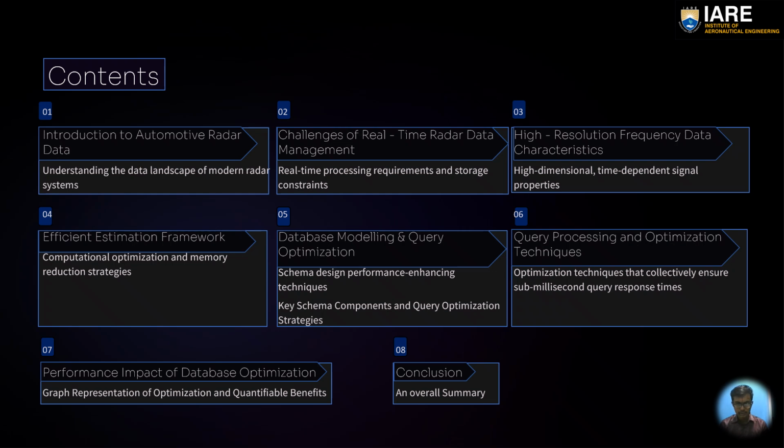Next, I'll be explaining the challenges of real-time radar data management, the real-time processing requirements and storage constraints, and then high-resolution frequency data characteristics, high-dimensional time-dependent signal properties. Then I'm going to explain about efficient estimation network, the computational optimization and memory reduction strategies involved.